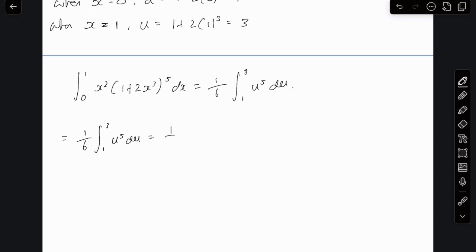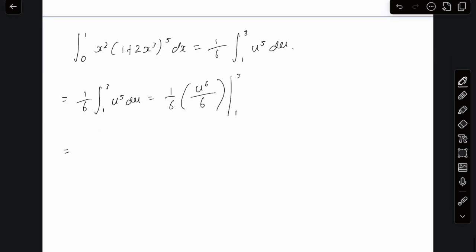equaling a sixth of u to the 6 over 6, all between 3 and 1. And we can therefore say, if we take out the 6 again, we get 1 over 36.